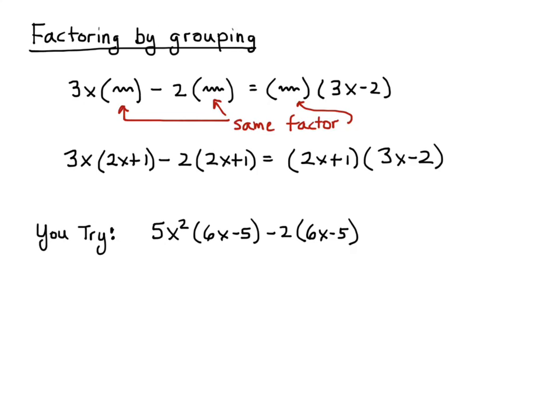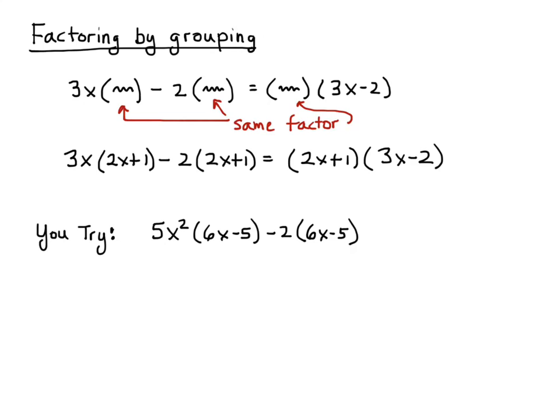And so if instead of a we have 2x plus 1, we're doing exactly the same thing. We're taking out this single entity and factoring it out. So it's just like if this were a single variable or a single number.